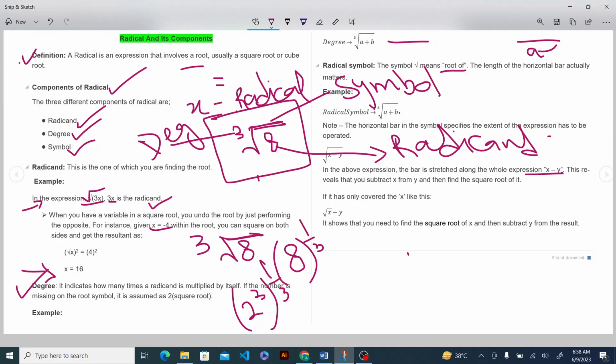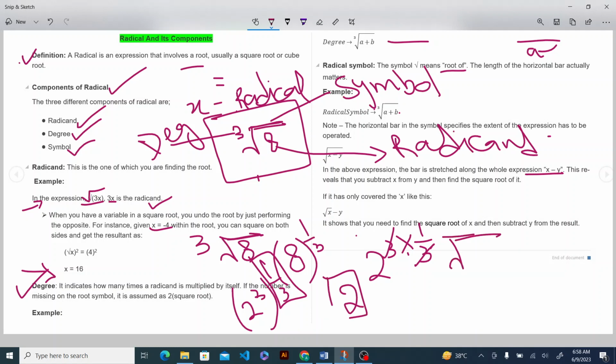Now when this power 3 is multiplied with the external power 1 upon 3, this 3 will cancel out with this 3 and we will get 2 as a result. So cube root 8 is equal to 2. This is the answer.